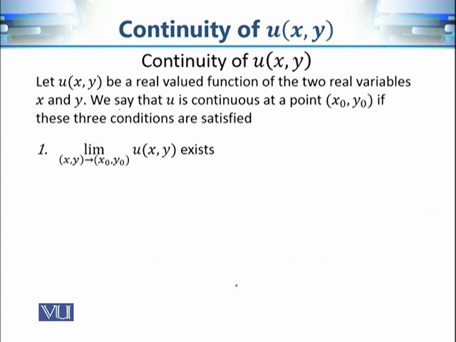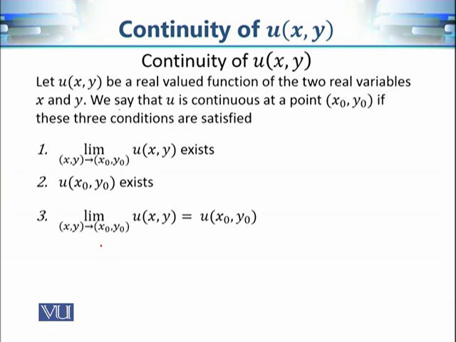Now let's carry on to the case of real functions of two variables. If we are given a real valued function of two variables u of x, y, then on the same lines we impose the following conditions on a function to make it a continuous function. Of course the limit should exist, and in the second condition we impose that the functional value exists, and the limiting value should be equal to the functional value.